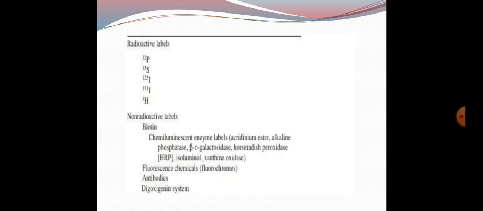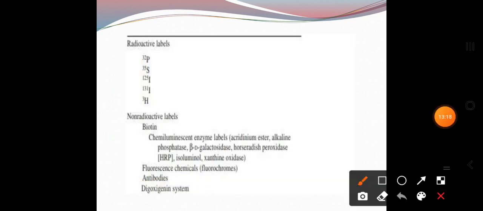Here are some examples of radioactive labels, such as P-32, phosphorus-32. These probes detect minute quantities of immobilized target DNA.